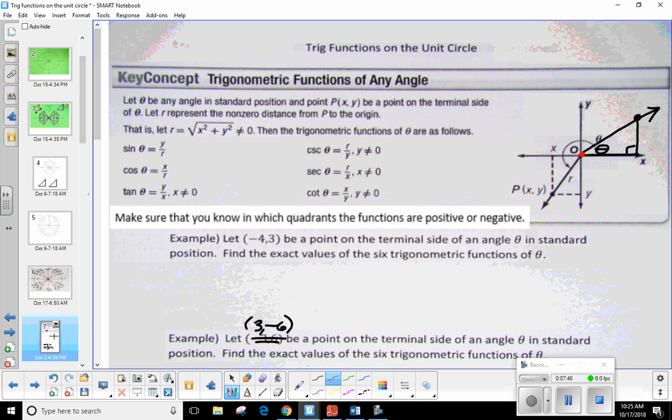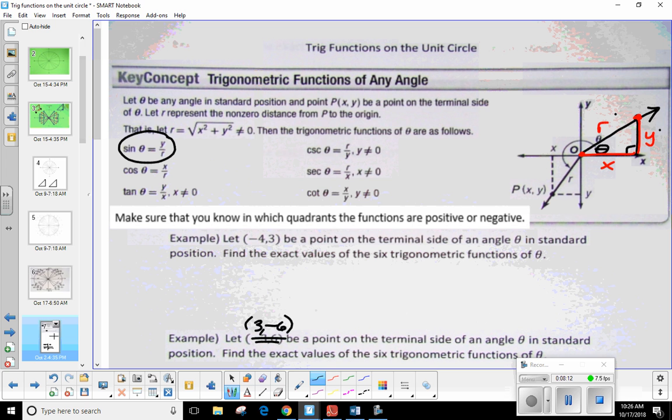If I want to go from the origin to this point, I'd have to go right x and then up y, right? And then I've got my radius, which is the hypotenuse. So what would sine of theta be? Instead of opposite over hypotenuse, sine of theta would be y over r, which is exactly what we have here.